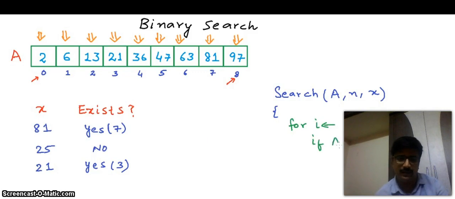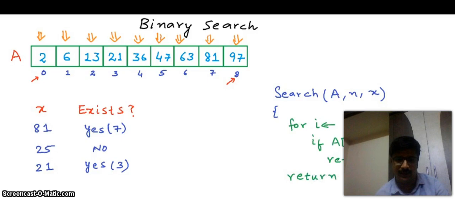If the element at index i is equal to x, then we return i, which means that we have found the element, and our search will be over. And if we cannot find any such i, then we return -1.